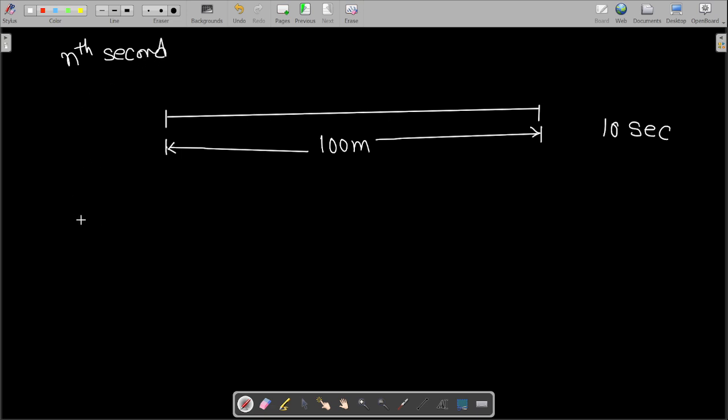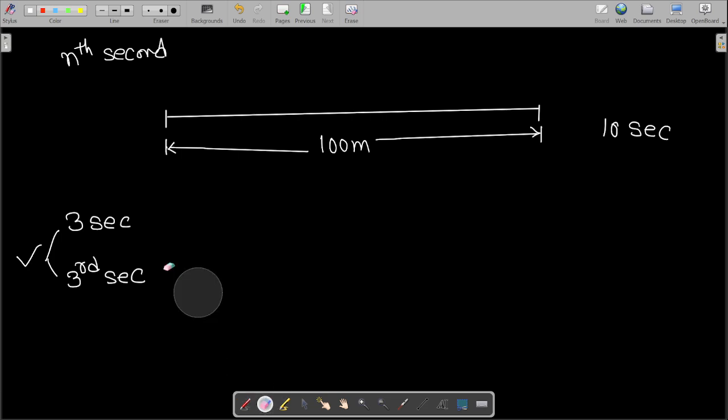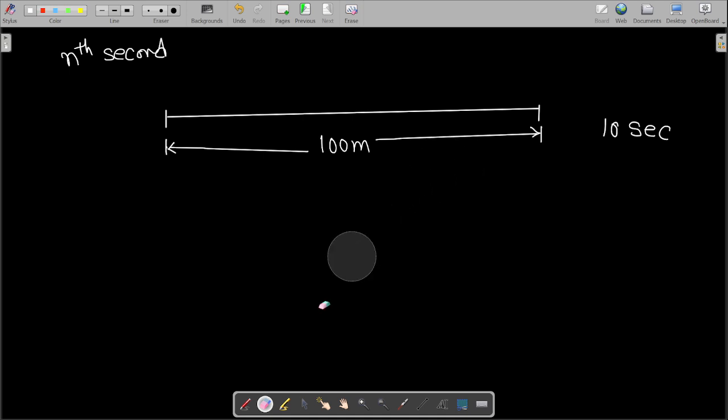I mean to say just that there is a difference between 3 second and third second. There is a difference between the two. So what is the difference? If someone told you what is the displacement of the body, from here to here, in 10 second, and if someone asked you what is the displacement in 10th second.